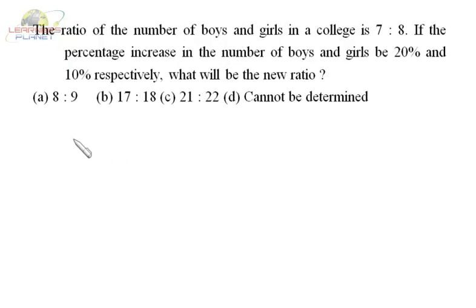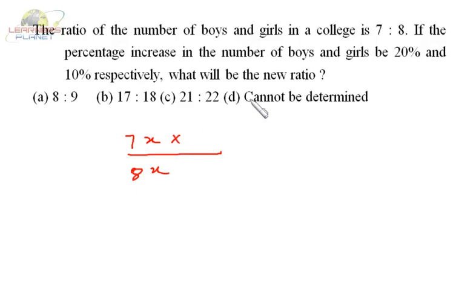Now this problem. The ratio of the number of boys and girls in a college is 7 is to 8. If the percentage increase in the number of boys and girls is 20% and 10% respectively, then what will be the new ratio? Okay, now existingly there are 7 parts of boys and 8 parts of girls. I just write it like this.